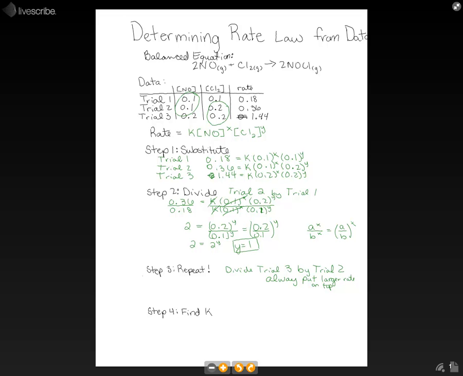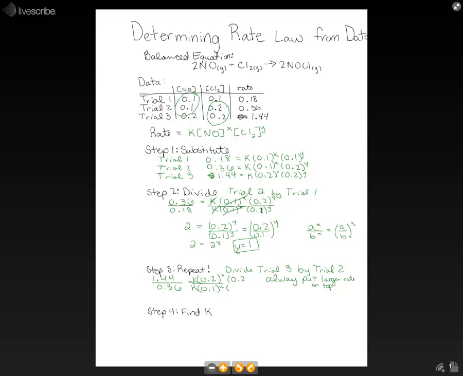So then we're going to have 1.44 divided by 0.36 equals 0.2 to the x divided by 0.1 to the x. And we'll put our k values out front here.